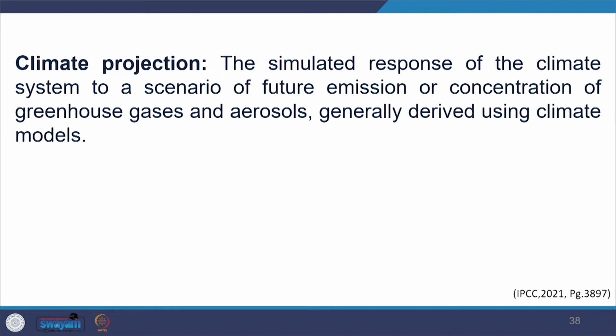Mostly, the difference is that the projection relies on various assumptions. So, we are making certain assumptions related to emissions or even the political system or the social context. So, we make assumptions, and we look at the various scenarios which are created. So, that is where we look at climate projection.